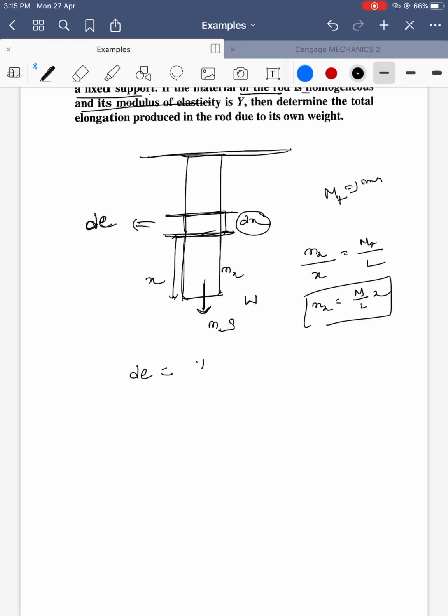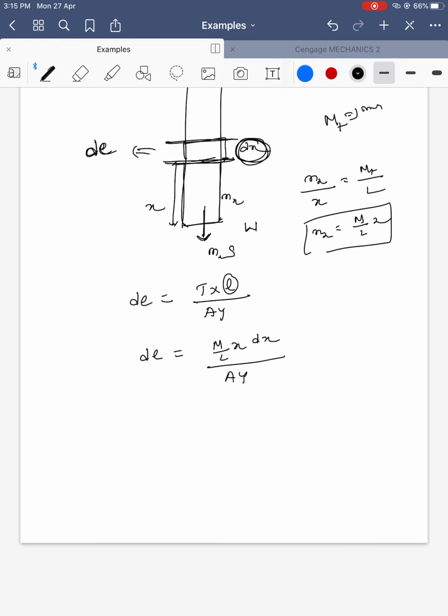So dE is equal to tension, (M/L) x g, times the small section dx, by area A and Y.